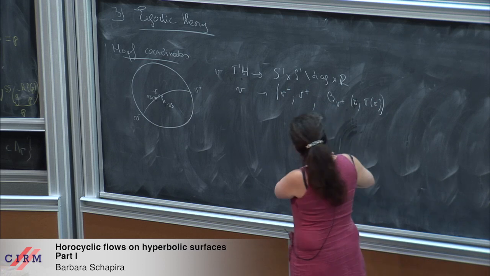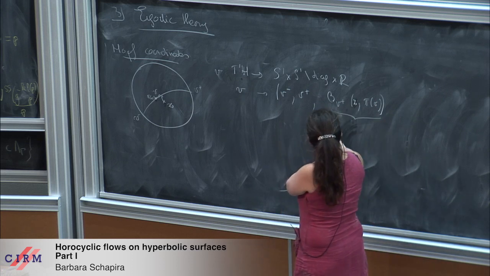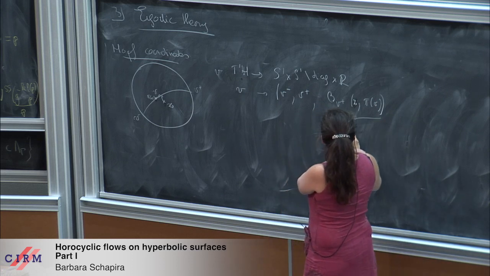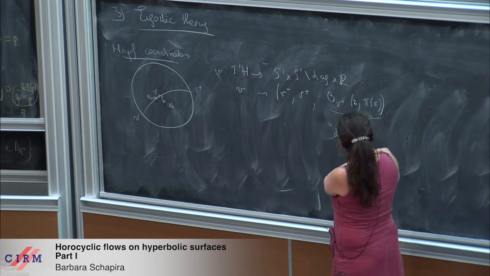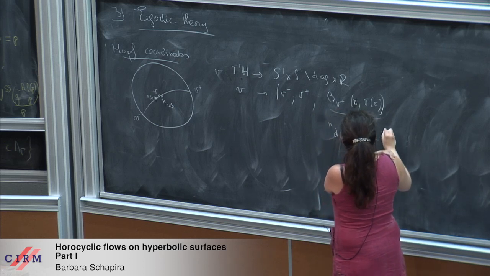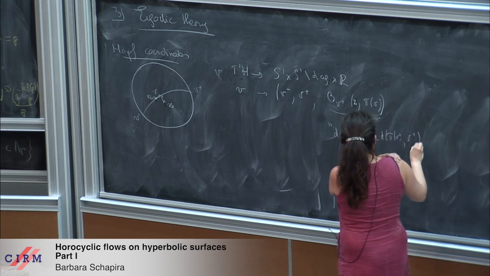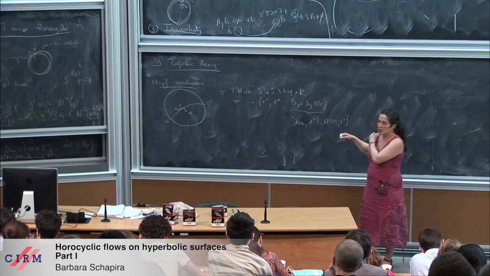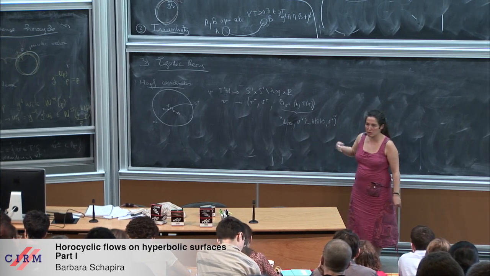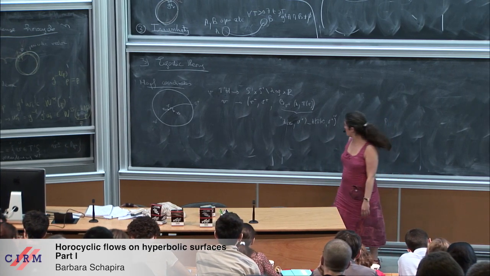That should be the good sign. That can be thought of as the distance from x0 to v plus minus the distance from p of v to v plus. Of course, this has no meaning because it's infinity minus infinity, but it's a good intuition for it.